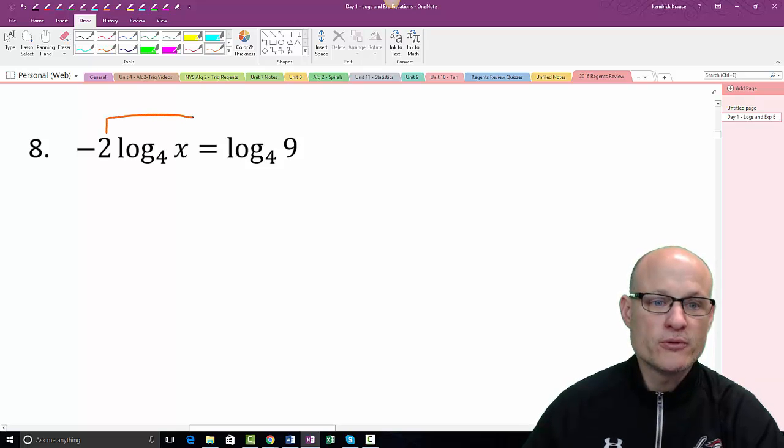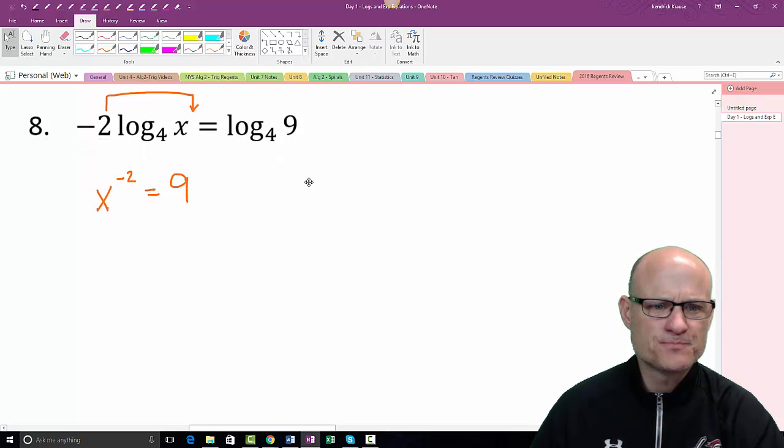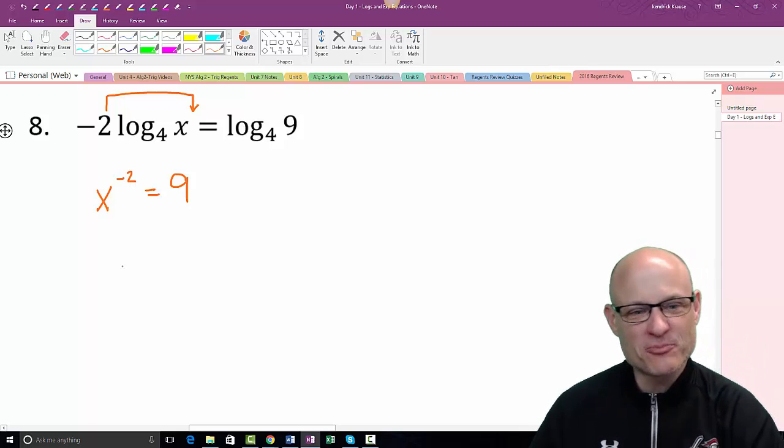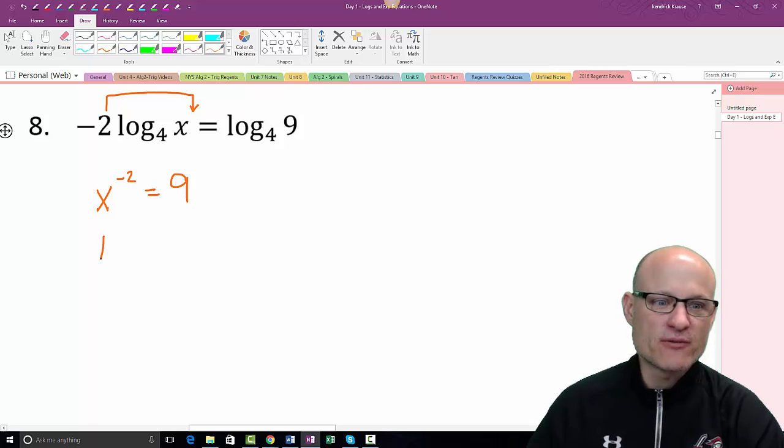So, we're going to return that. So this is x to the negative 2 equals 9. Let's see, x to the negative 2. I know x to the 2 is x squared. Oh yeah, negative exponents. That's really a fraction.